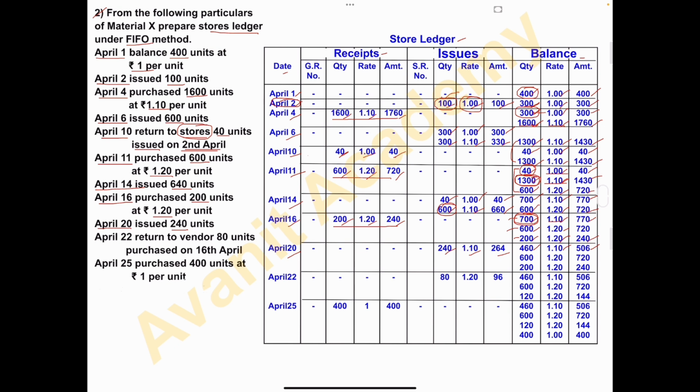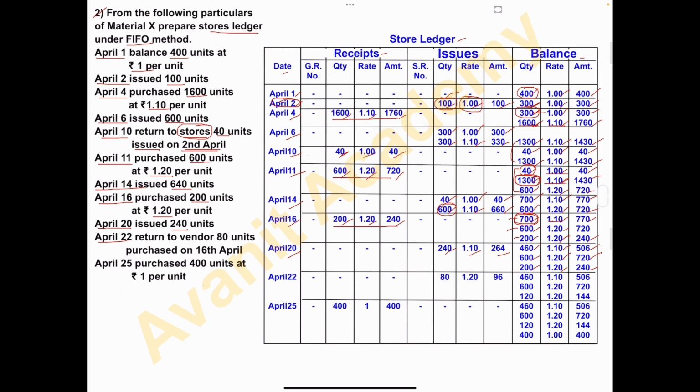Remaining two stocks as it is, that is 600, rate per unit 1.20, and 720, 200 at rupees 1.20 and 240.